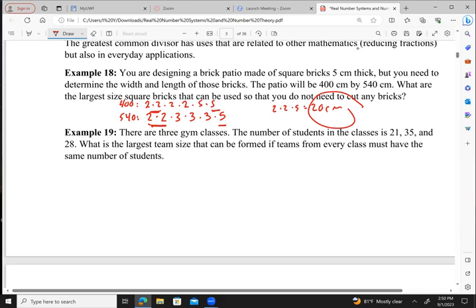Okay. There are 3 gym classes. The number of students in the classes is 21, 35, and 28. What is the largest team size that can be formed if teams from every class must have the same number of students? So again, we're looking for the greatest common divisor.